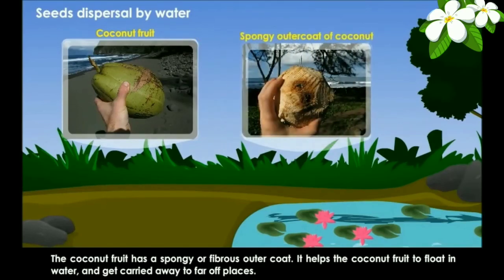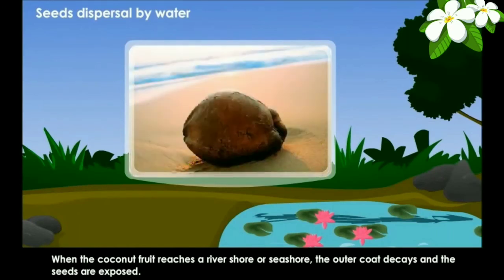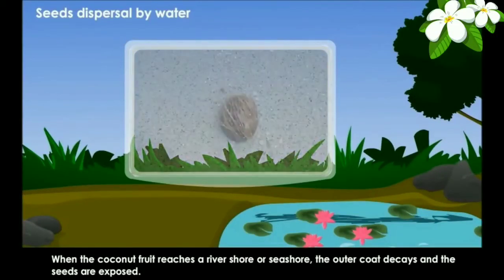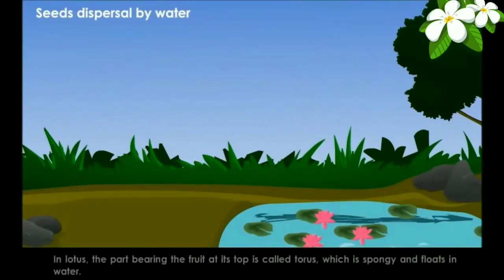It helps the coconut fruit to float in the water and it gets carried away to far off places. When the coconut fruit reaches a river shore or seashore, the outer coat decays and the seed is exposed, and it leads to a new healthy plant. Lotus and water lily are other examples of this kind of dispersal.